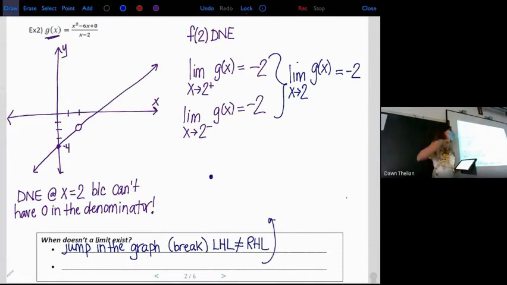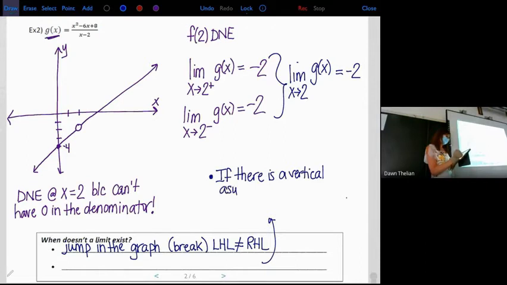Besides there just being a jump, there might actually be a vertical asymptote there, a line that it could never cross. So a second place is if there's a vertical asymptote. Because the limit from the left and the right aren't going to match, because they're going to be going to opposite infinities.